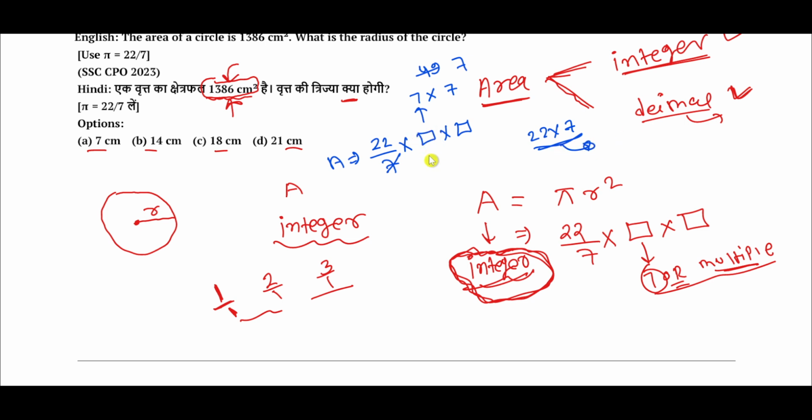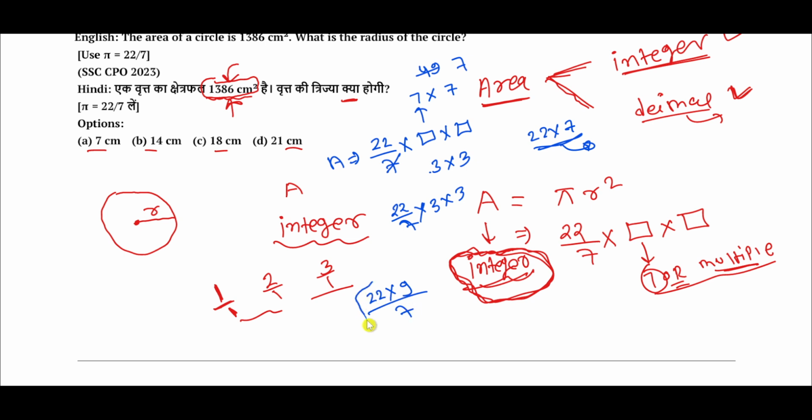Now, if you take the radius as, say, 3 and 3, then calculate the area: 22/7 into 3 and again 3. So in place of the numerator you have 22 into 9, and in place of the denominator you have 7.